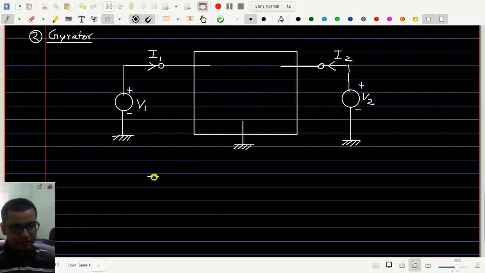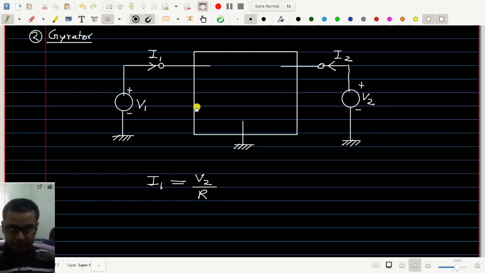I1 depends on V2. It is like I1 equal to V2 by R, where R is a constant with the dimension or unit of a resistance.